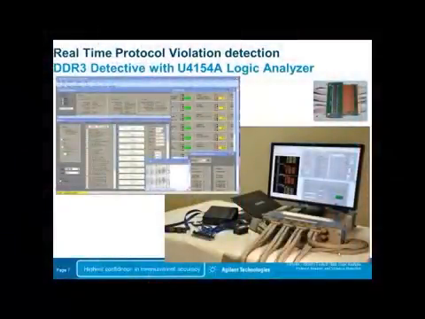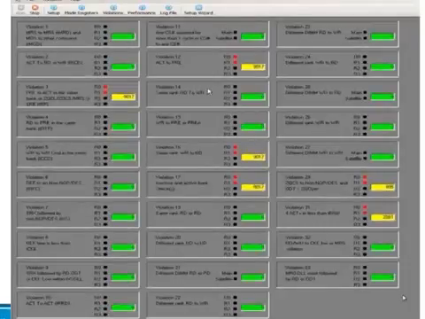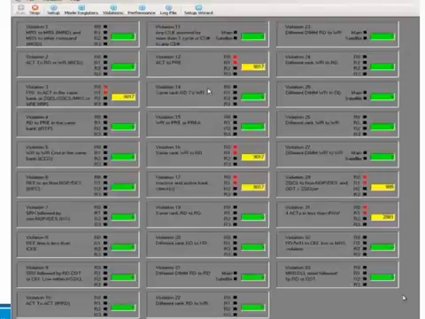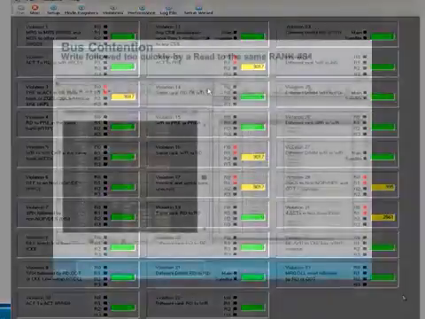The interposers provide the address, command, and control signals to the detective, as well as the address, command, control, and data signals to the logic analyzer for the full real-time violation detection and observation of all signal flow in your system. The DDR Detective provides a convenient display of violations in your system and shows you which ranks the violations are occurring on. You can set a trigger for the logic analyzer off of any one of the violations.